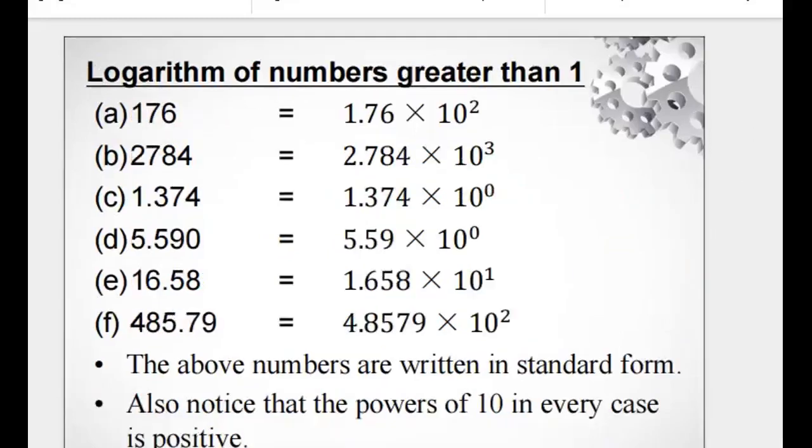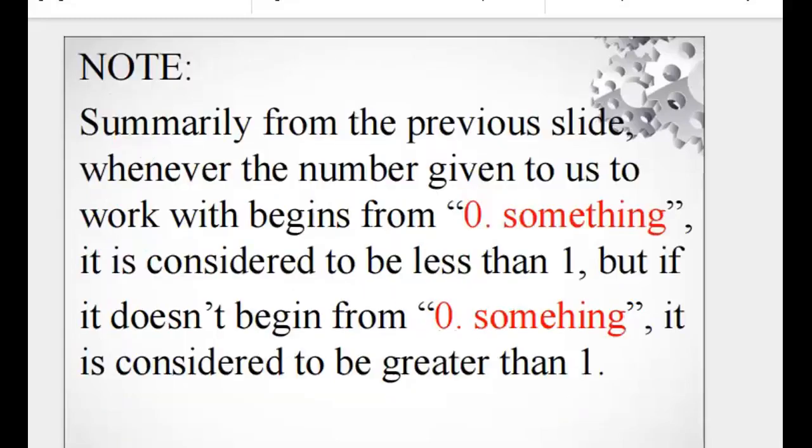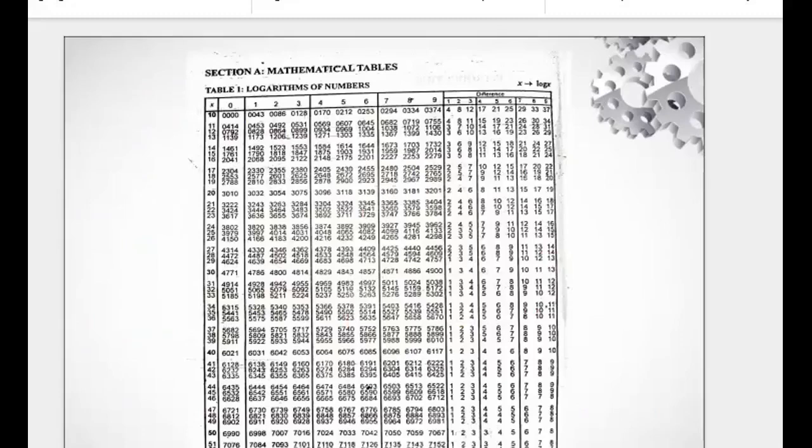Just as we have on the previous slide, these numbers A to F do not begin with 0 point. No one began with 0 point something. Hence, they are greater than 1.